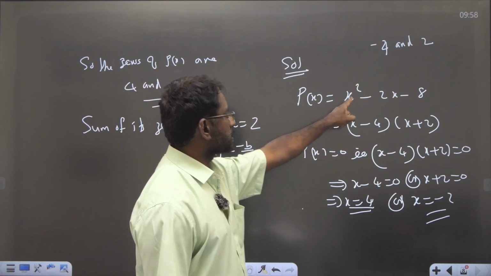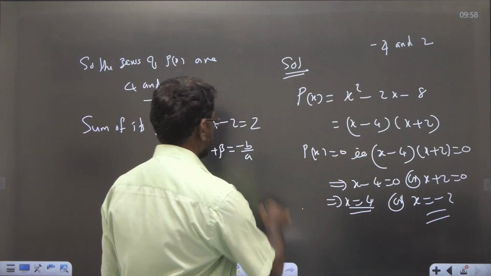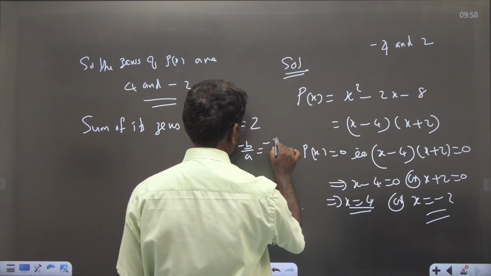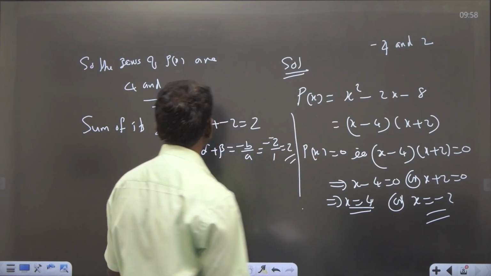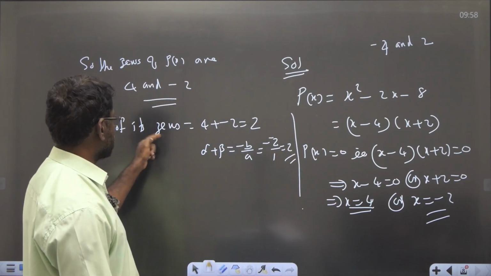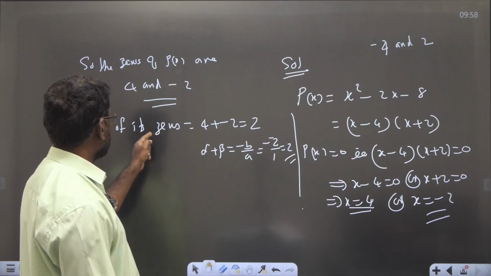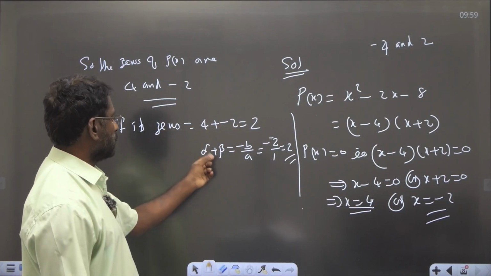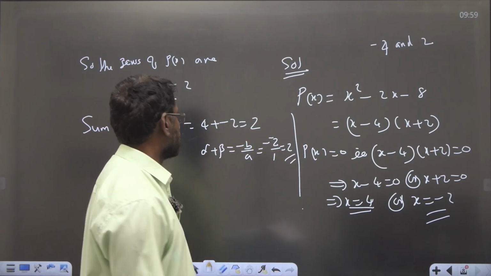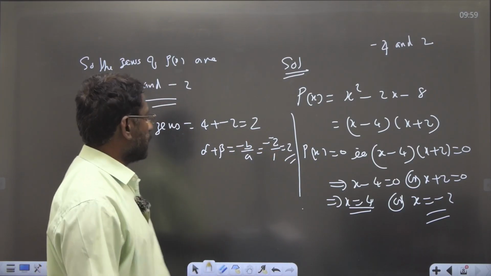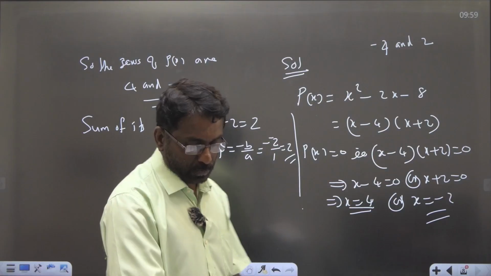What is a, what is b? That is minus of minus 2 by 1, that is again 2. Already we have got it. The sum of its zeros is 2. Using the formula also we get 2. Both are same. Alpha plus beta is equal to 2.